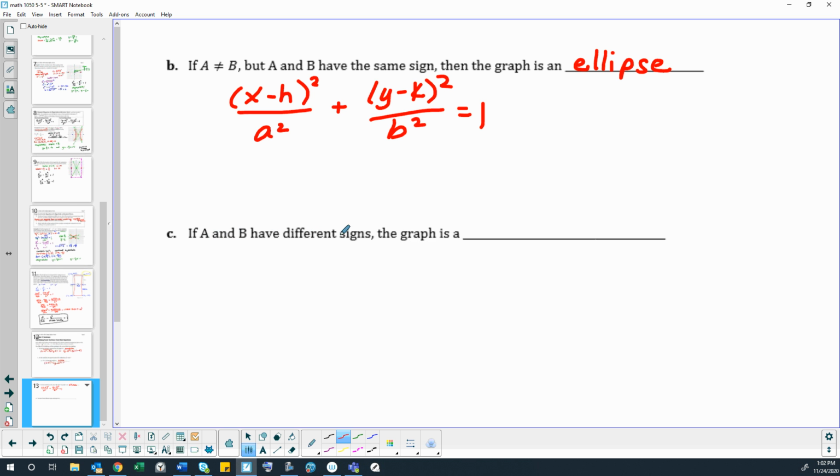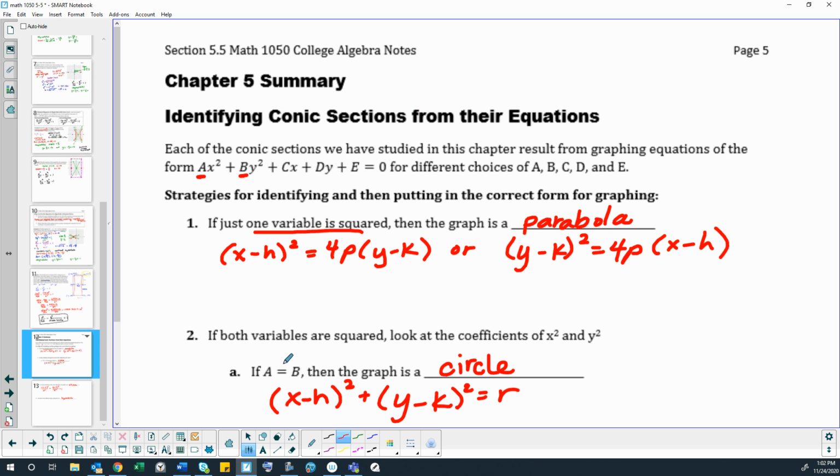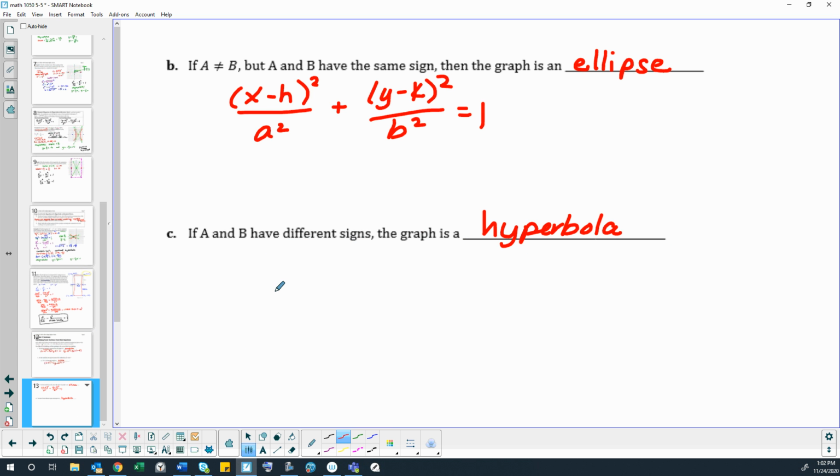If a and b have different signs, the graph is a hyperbola. Now notice that this did not differentiate between a and b are different or a and b are the same, because for a hyperbola it doesn't matter. They can be exactly the same coefficient, they can be different numbers, but they have to be opposite signs, one positive and one negative.